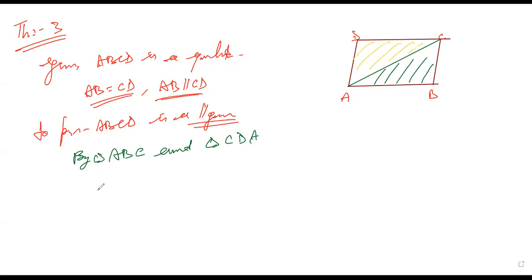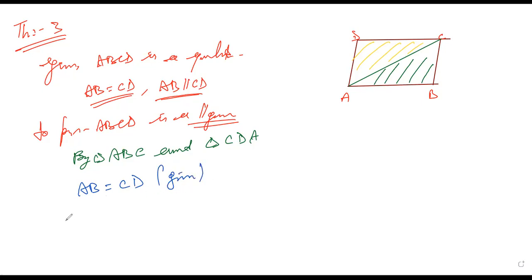Now I can write this. I will take the sides first, that would be much better. So for this one, AB is equal to CD. It has already been given to us.